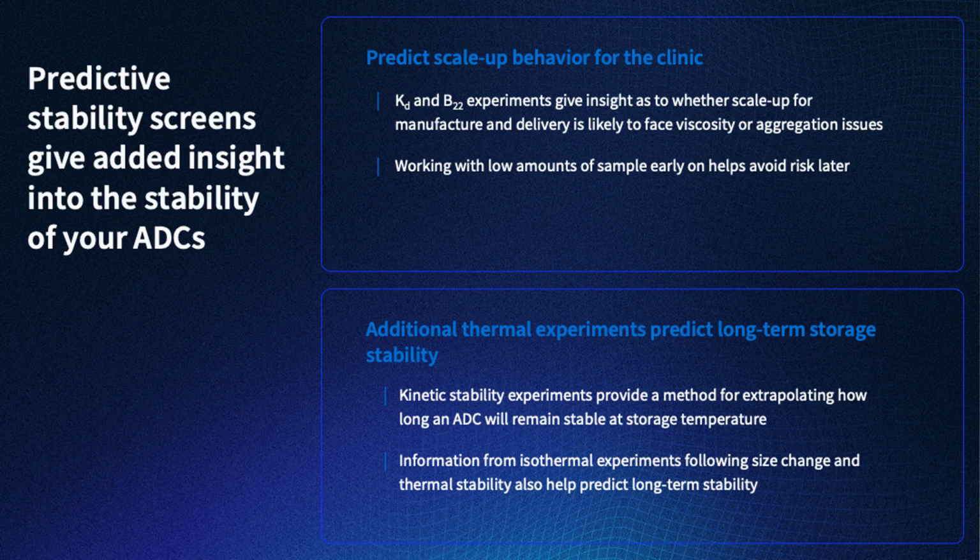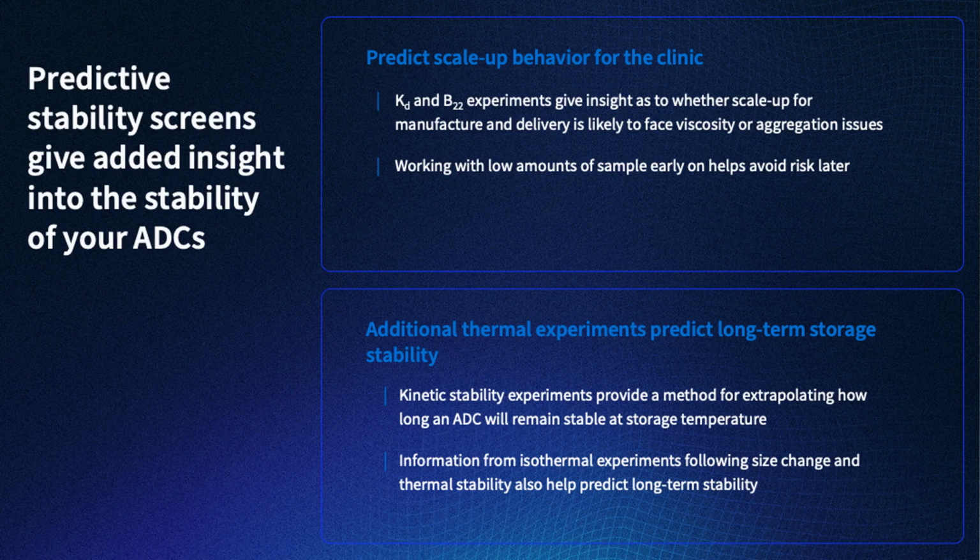Now, at higher clinically relevant concentrations, we know there's a risk of ADCs becoming viscous or aggregating. Self-association experiments to calculate KD or B22 can give you insight into whether your candidates are likely to cause issues when scaled up for manufacturing and delivery. And the nice thing about performing these experiments with the Panta is they can be done with low amounts of sample, meaning you can screen your antibodies for risk of self-association before you scale up production.